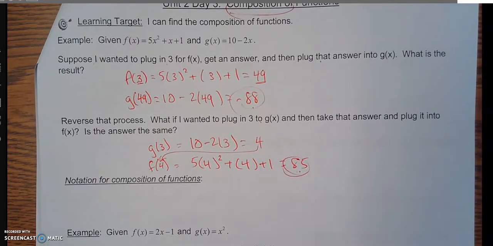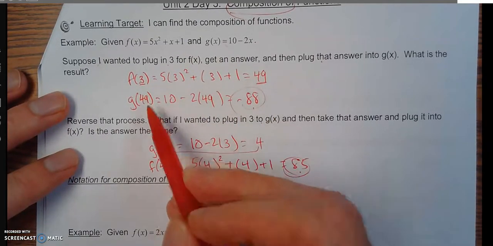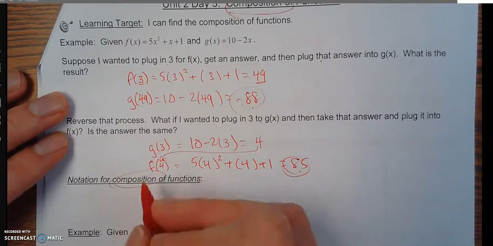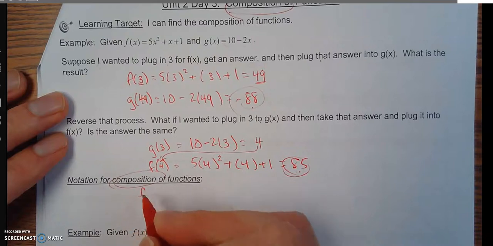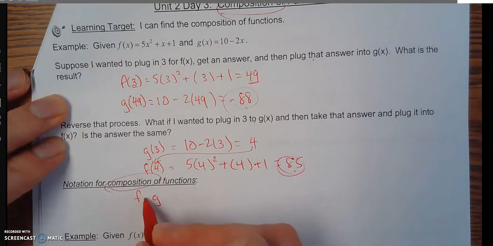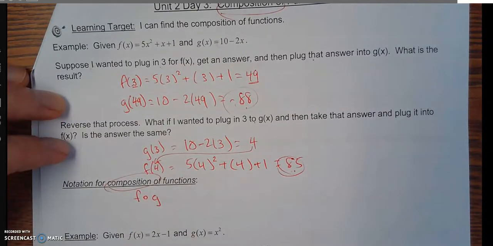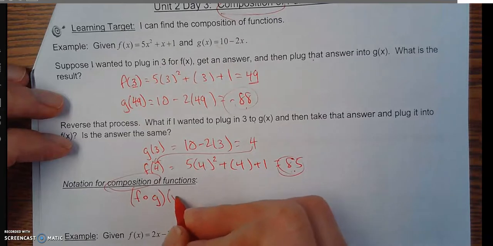Now, the notation for this. Composition is plugging a number into one function, then taking that answer and plugging it into the next. The notation for it is f, then g, and instead of a closed circle, which means multiplication, I have to put an open circle. So it looks like f o g.